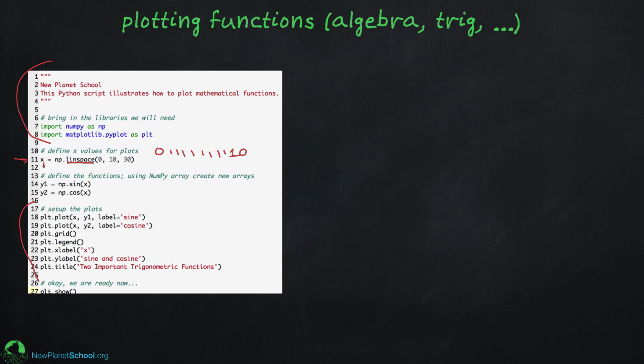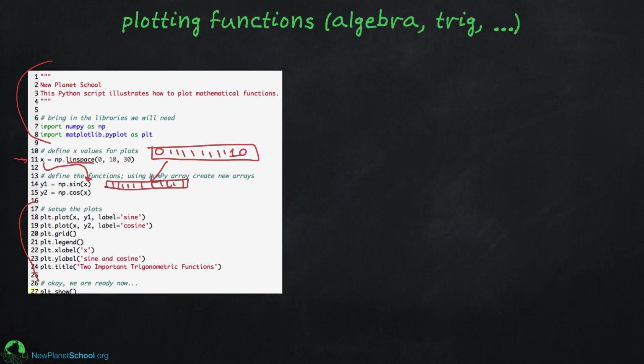I'm going to take that array and stick it into a function, and that will generate another array that has the sine of all the values in this array. So whatever length this array is, this array will be the same length, and each of the elements in this array will be the sine of all the elements in this array.